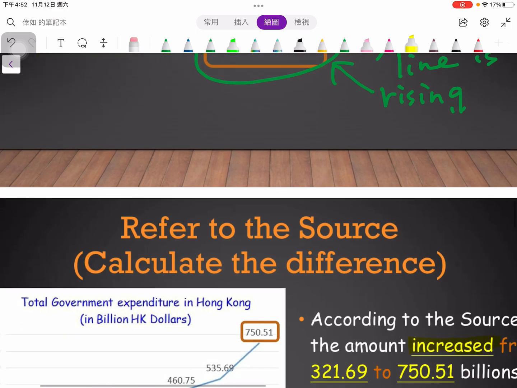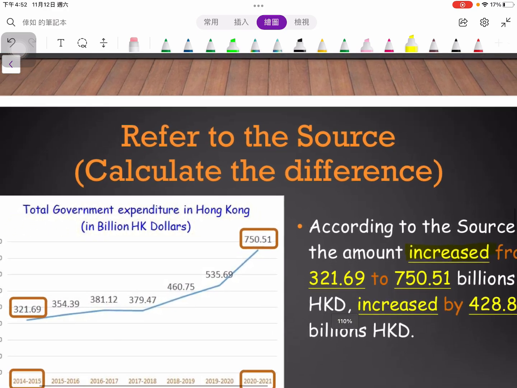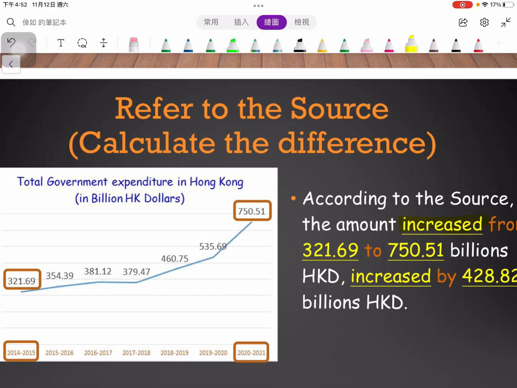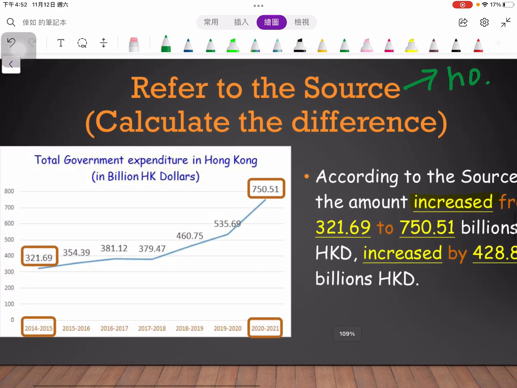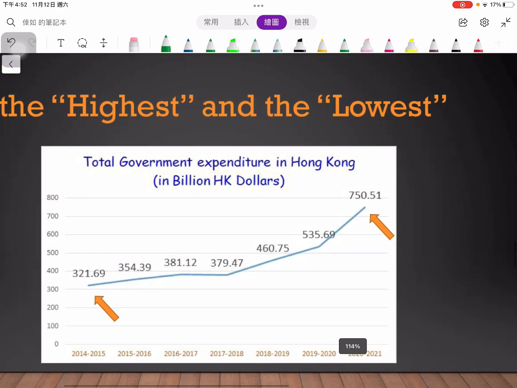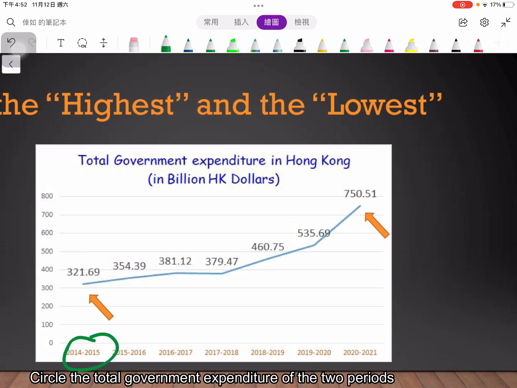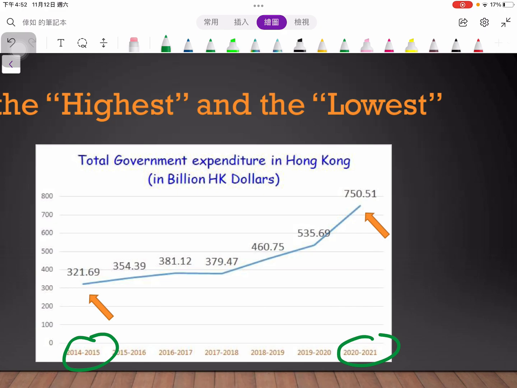So let's come to the second step. For the second step, we have to refer to the source. When we talk about refer to the source, that means we have to read the numbers in details. Actually we have two ways to describe the numbers. Just now I asked you to circle these two periods as the question asks you to read carefully, and please also circle the numbers in these two periods.